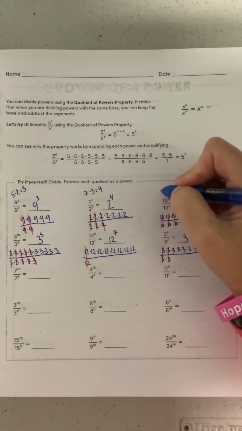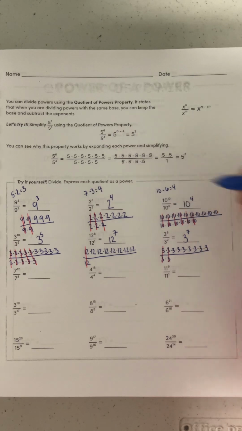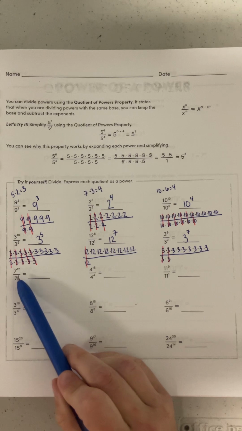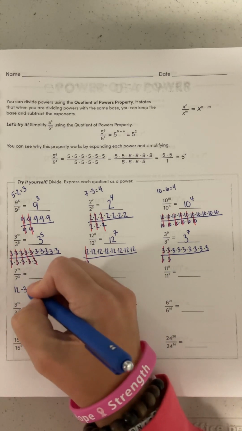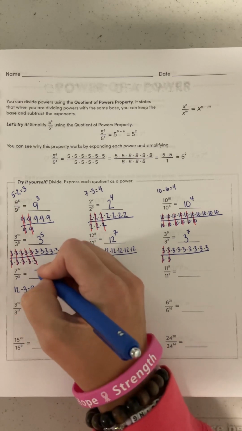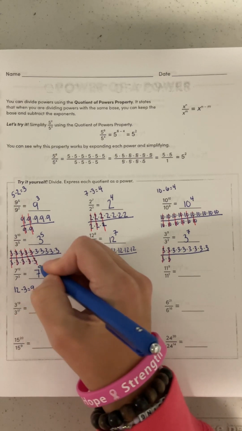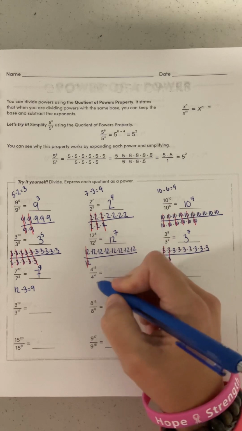On our next problem, our exponent 10 minus our exponent 6 gives us an exponent of 4. So continuing that shortcut, we can take our 12 minus our 3 to get a value of 9. So 7 is our base and 9 is our new exponent.